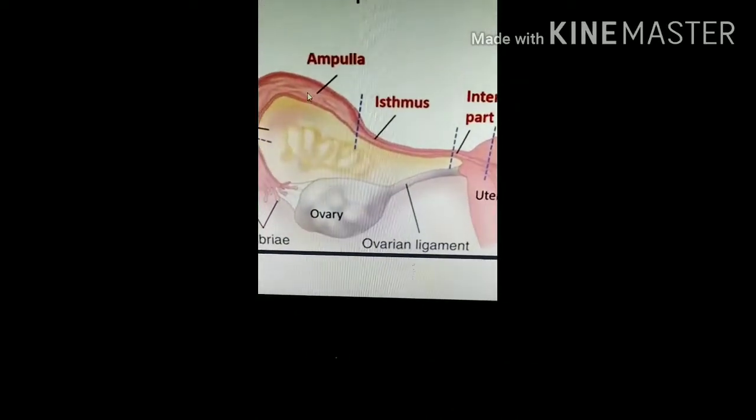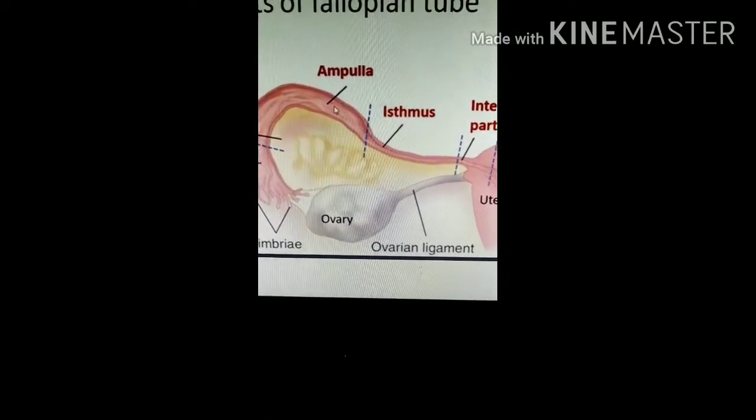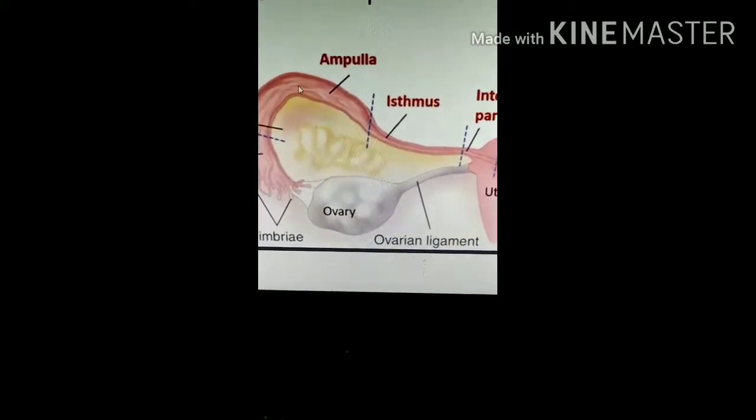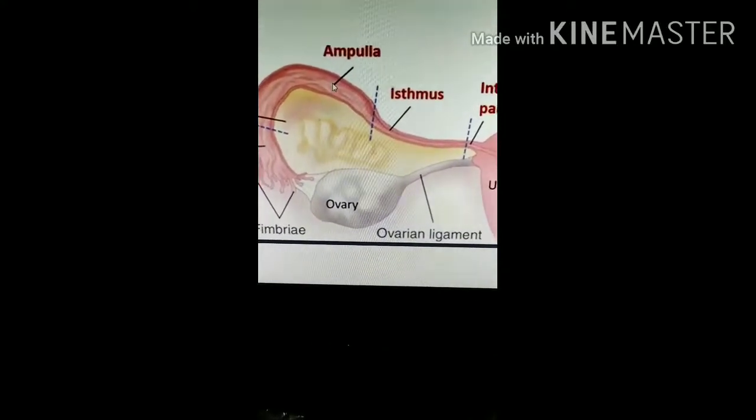The mucosal layer has glands and secretion. They give nutrition to the zygote formed as the result of fertilization.